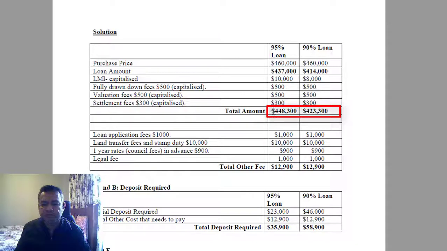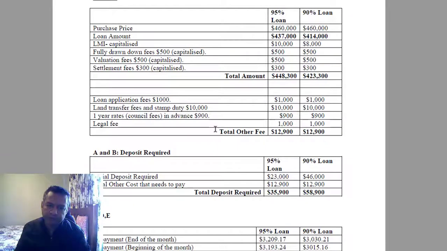So this amount, 448,300, we need for calculating the monthly installment for the 95% loan, and for the 90% loan, $432,300 is required for the calculation.